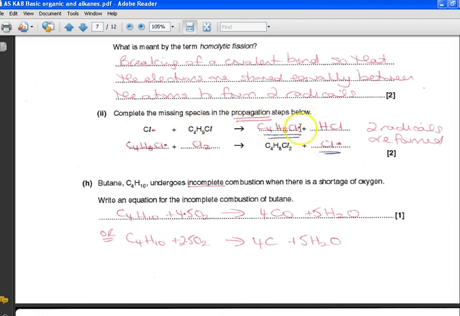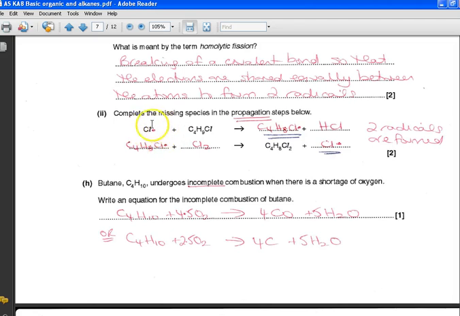So you're forming a radical here by the chlorine taking a hydrogen. So you've got HCl here, and you've formed your butyl radical, well, chlorobutyl radical. And then, of course, this radical then goes on to attack a chlorine molecule again, and you end up with your chlorine radical. So if it's a propagation step of this mechanism, you should always be producing 2 radicals.